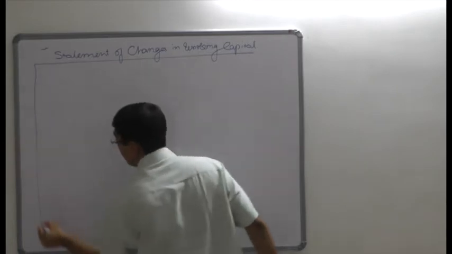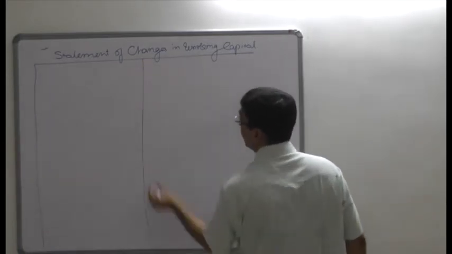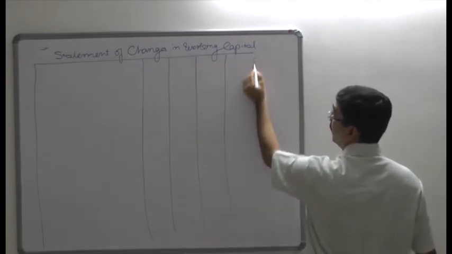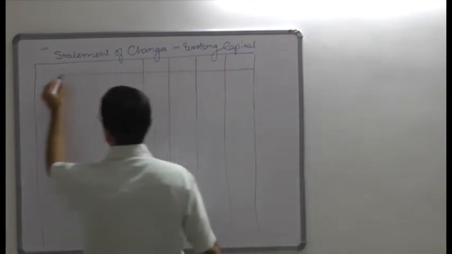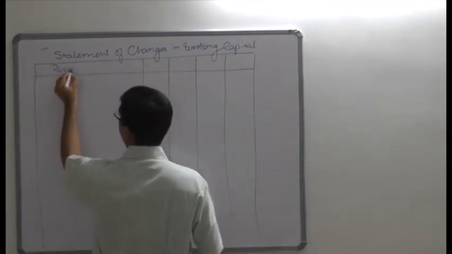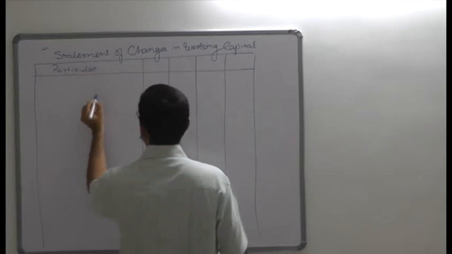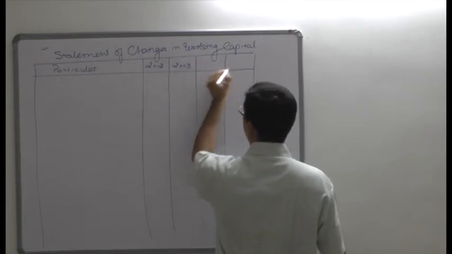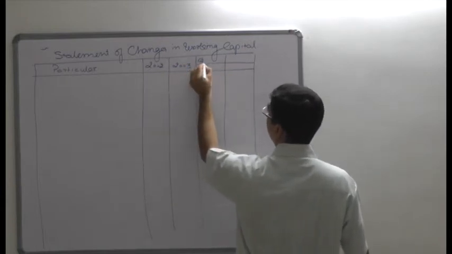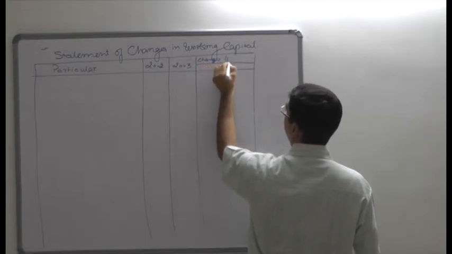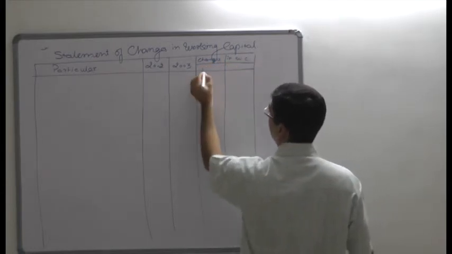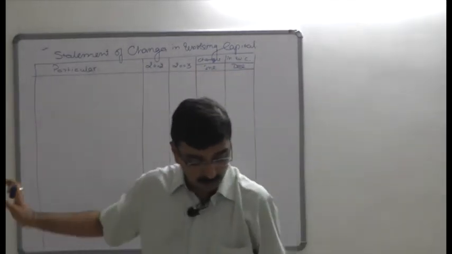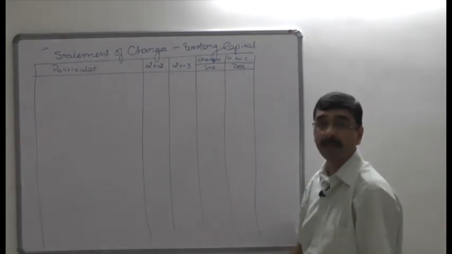This is your first part, and the pro forma of this changes in working capital is something like this: the 2002 data, the 2003 data, then the changes in working capital, with increase and decrease columns. This is the format where the changes in working capital are shown.